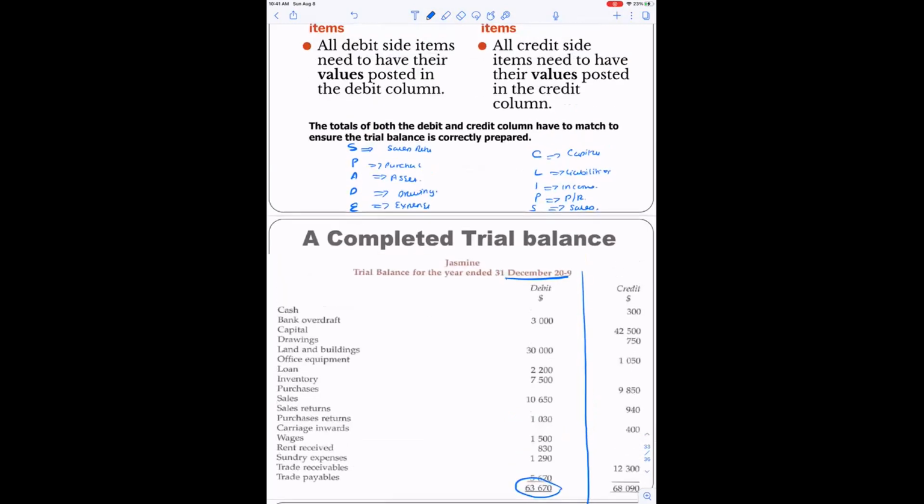Yes, certainly, because the totals do not agree. So your work is to spot the errors and prepare a corrected trial balance.